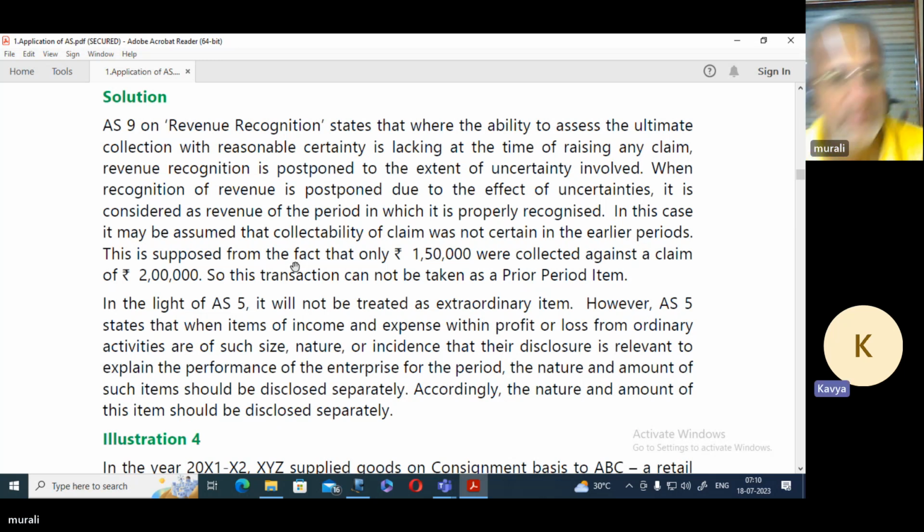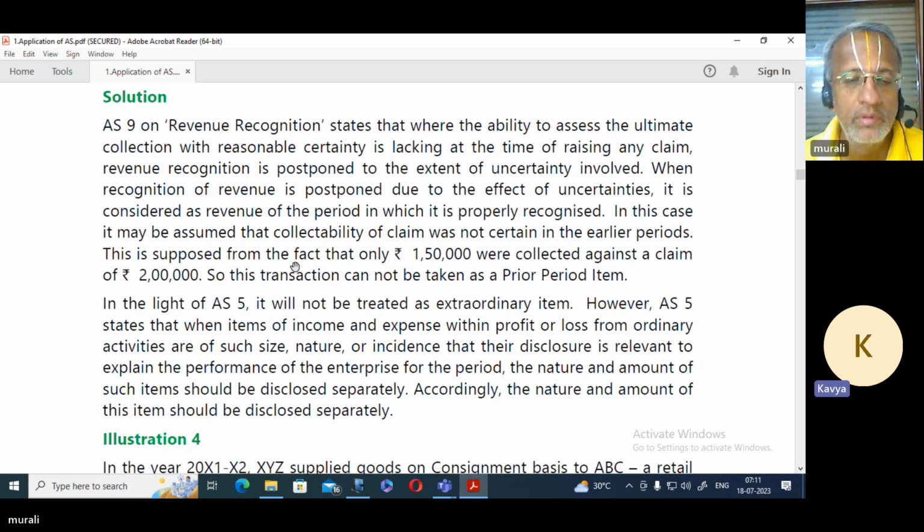AS 9 on revenue recognition states that where the ability to assess the ultimate collection with reasonable certainty is lacking at the time of raising any claim, revenue recognition is postponed to the extent of uncertainty involved. When recognition of revenue is postponed due to the effect of uncertainties, it is considered as revenue of the period in which it is properly recognized.